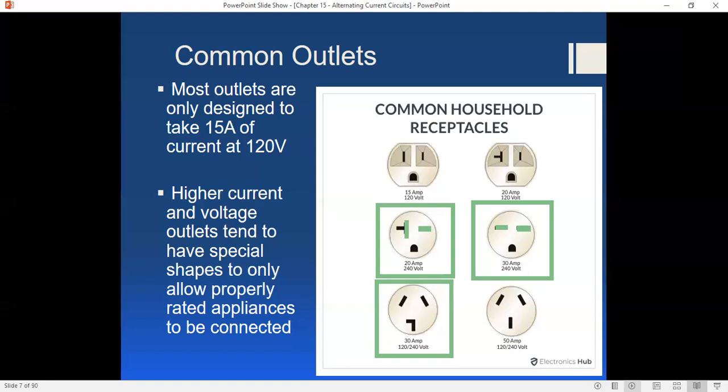So notice for this one right here, you would have two prongs like this, and then the ground would be shaped like this. And then for this one, this would be this way, this would be this way, and then the ground would be vertical. So this one right here would accept, yeah, I would almost think it would be backwards.